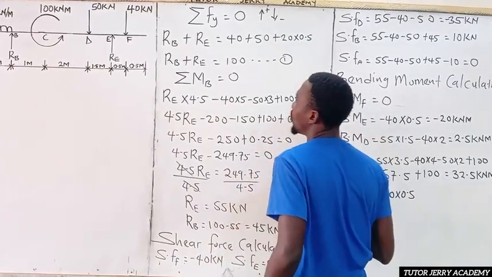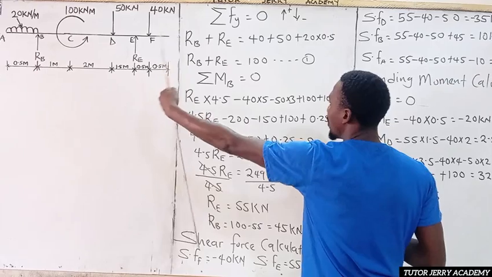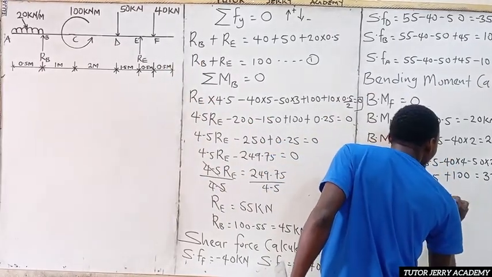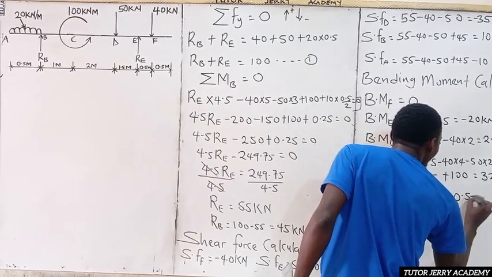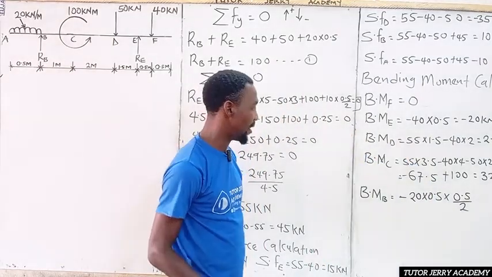Now it's acting at half of the distance, so from the center to this B side, we multiply by 0.5 divided by 2. I hope this is well simplified now.